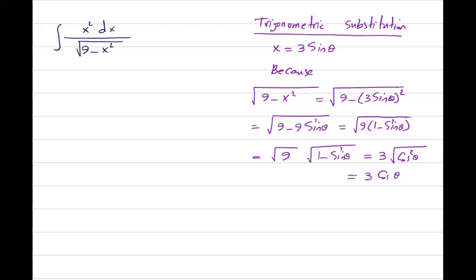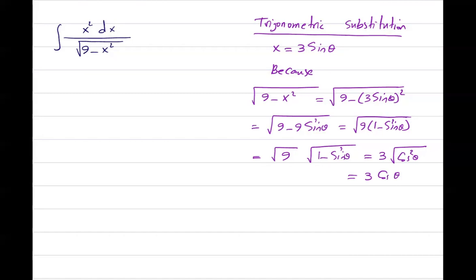So the denominator can be simplified this way. If you are taking just sine theta, then you don't have the chance to rewrite this in the form of a trig identity and then simplify it.